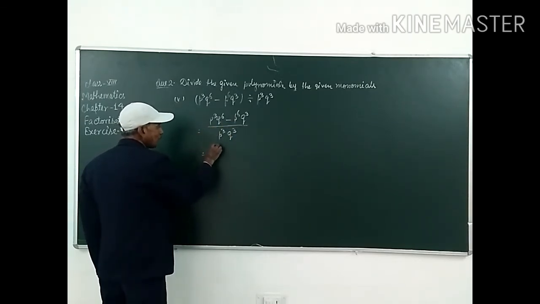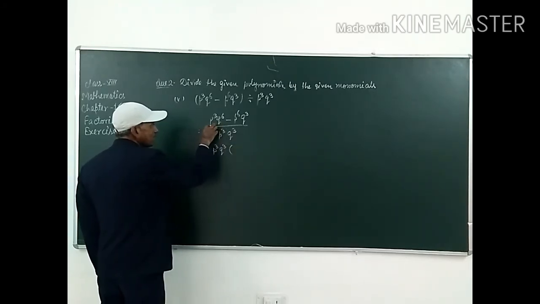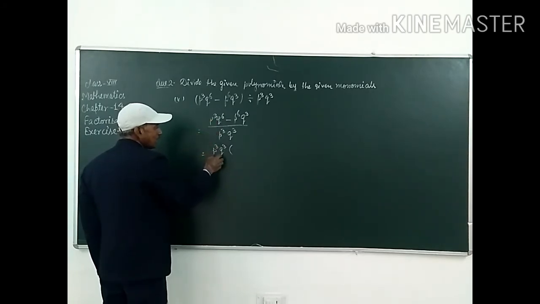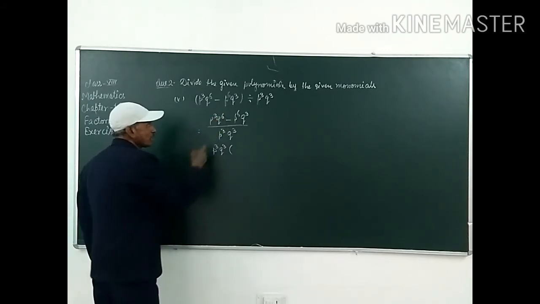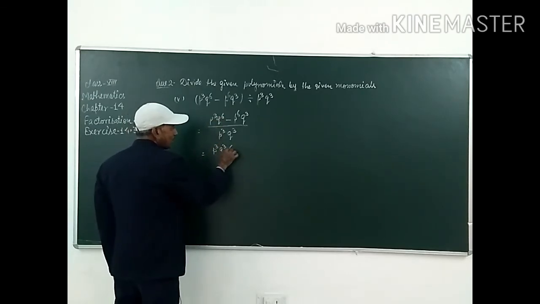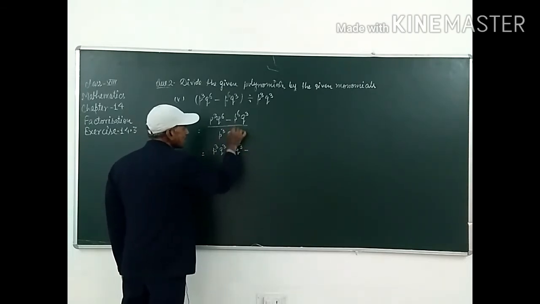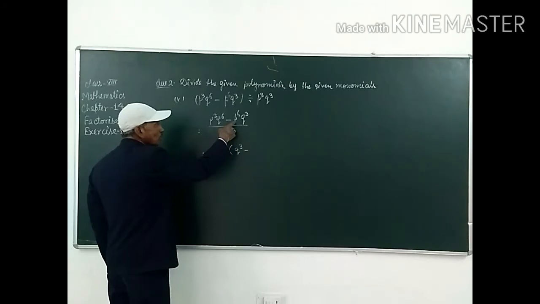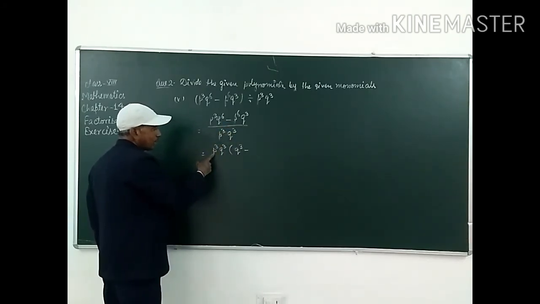So we have to take p cube q as common, and in this part, student, p cube is cancelled by p cube, and this one q cube, and this one q to the power 6. So q to the power 3 will remain here, because there is q to the power 6. So this one will be q cube minus, and in this part p to the power 6 here and p to the power 3 we have taken as common.